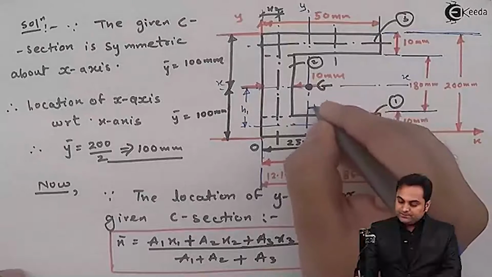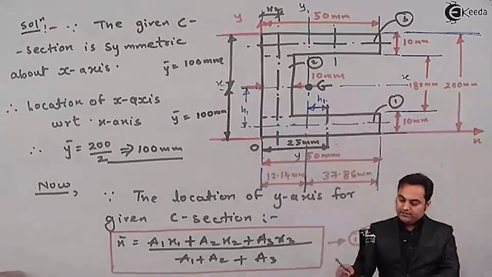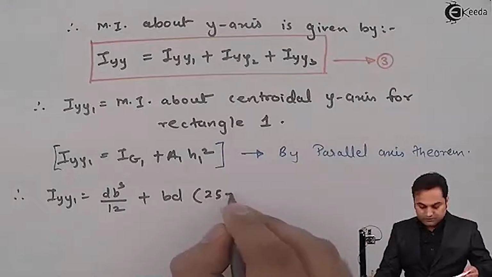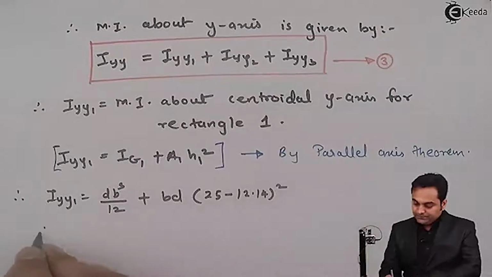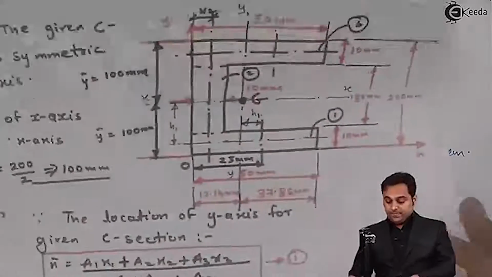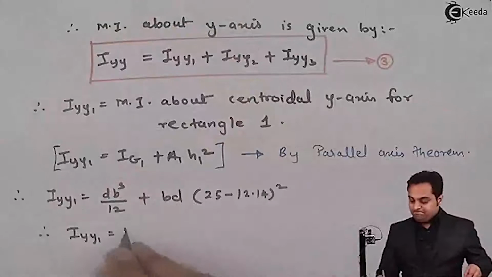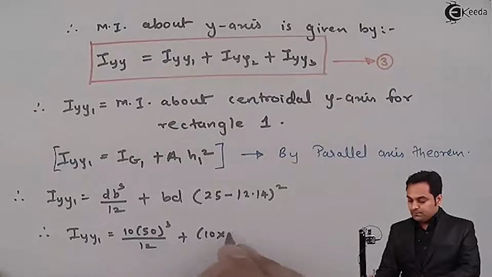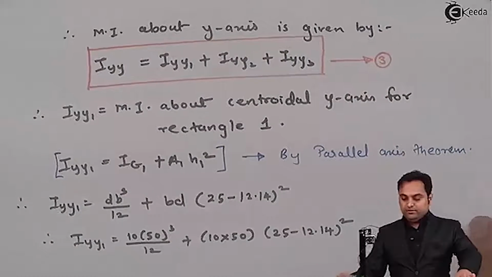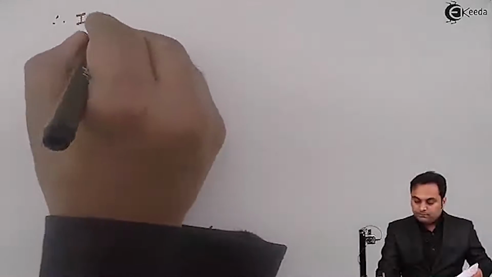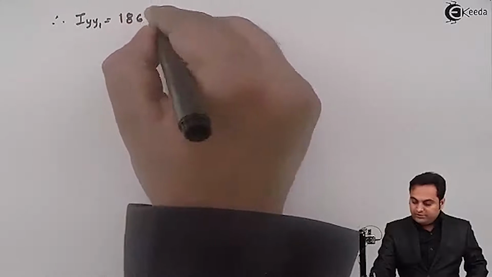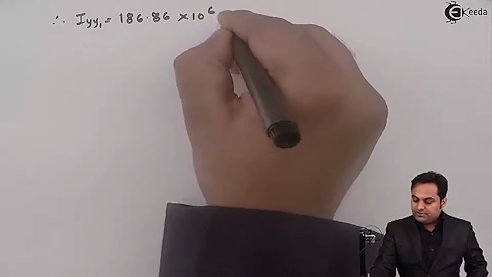So this distance is h1, 25 minus 12.14 square. Here for rectangle number 1, d is 10, b is 50. So Iyy1 comes out to be 186.86 into 10 raised to 6 mm raised to 4.